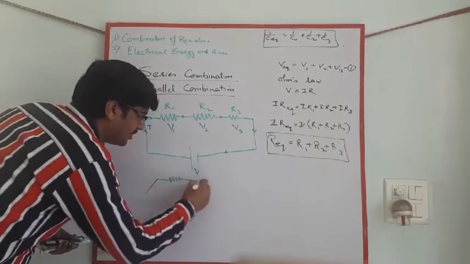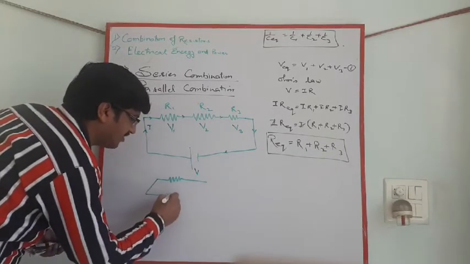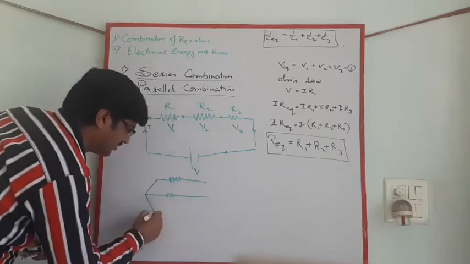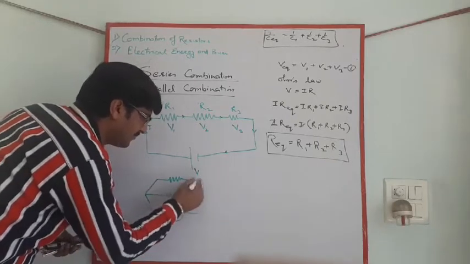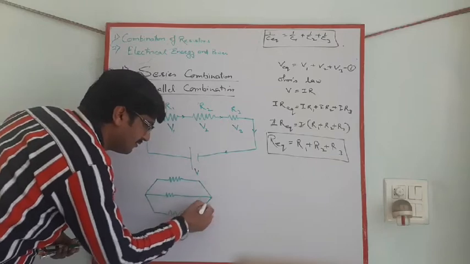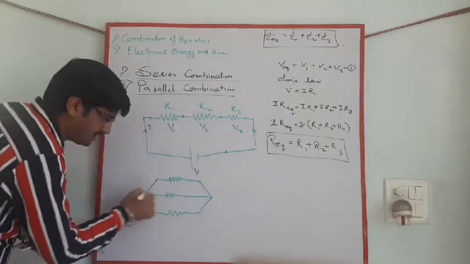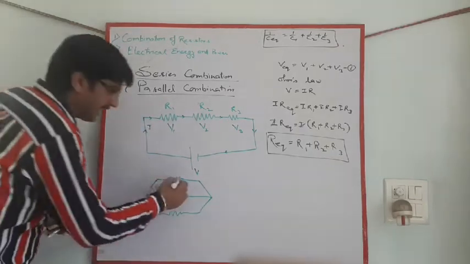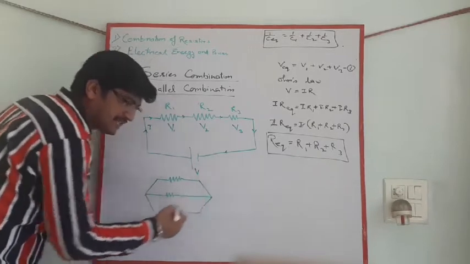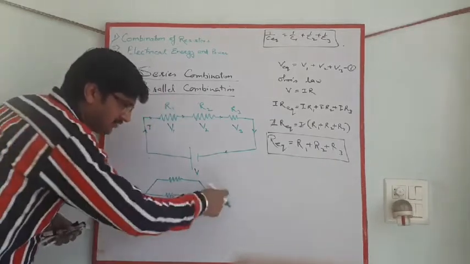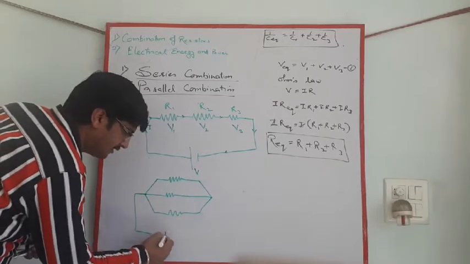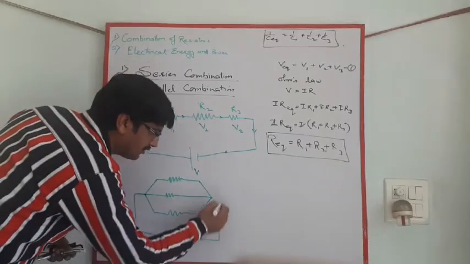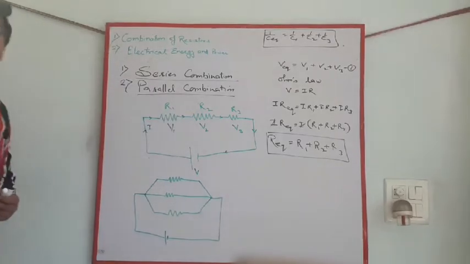The first terminal of the first resistor, the first terminal of the second resistor, the first terminal of the third resistor are connected to each other. The second terminal of the first, second terminal of the second, and second terminal of the third resistor are connected with each other, and all are connected directly to the source of EMF or potential difference.